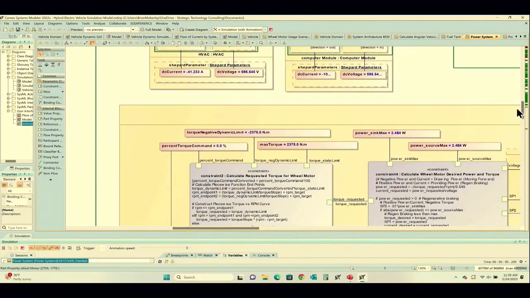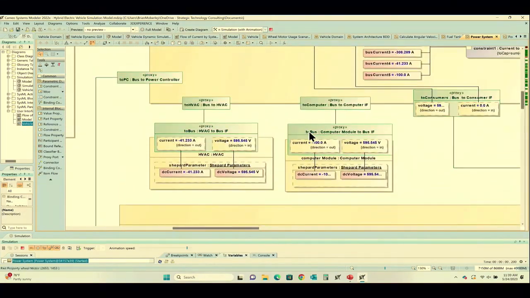So notice again here we have, this is one of our power consumers, and then the direction for the current is actually always out, right? And then the direction for the voltage is always in. So as I mentioned, that was because we needed to know the effects of the current, not exactly modeling the actual flow of current, but more so modeling the effects of the current.